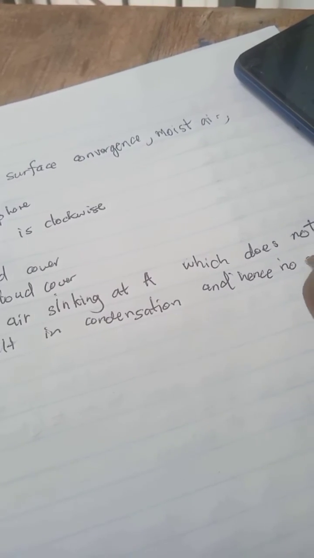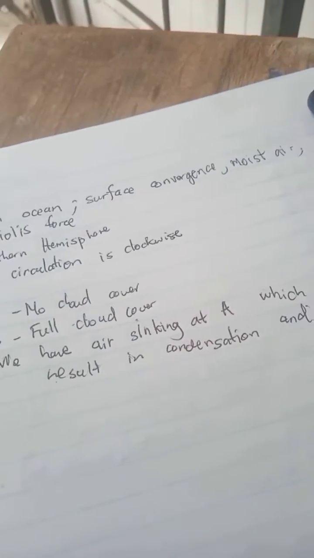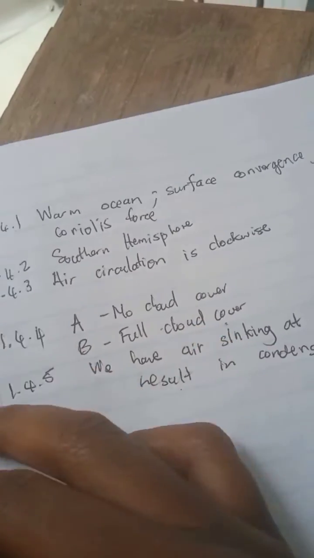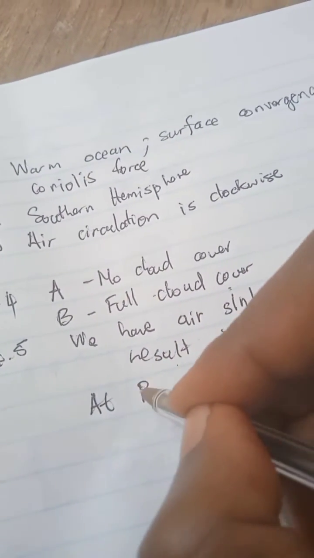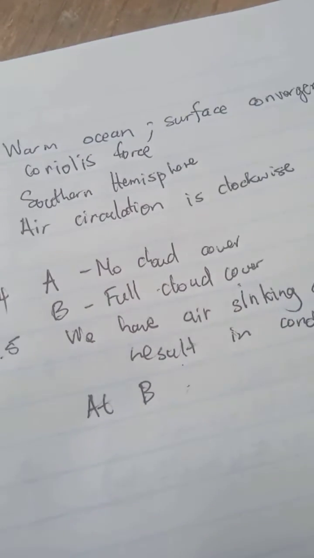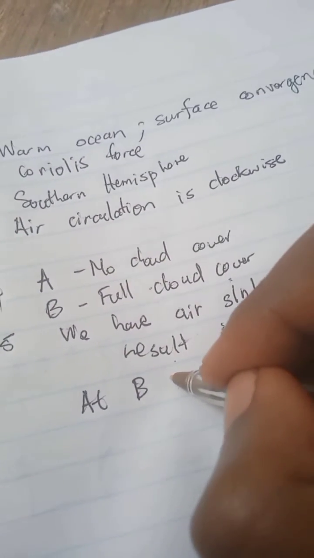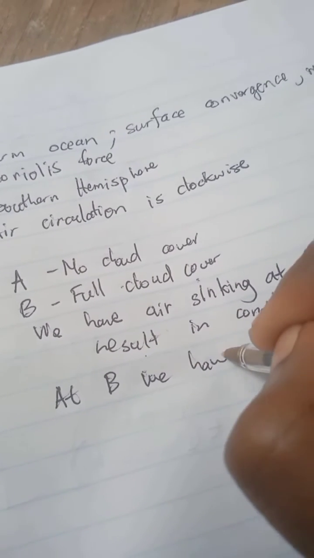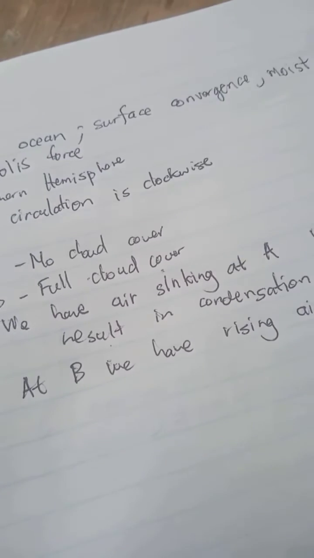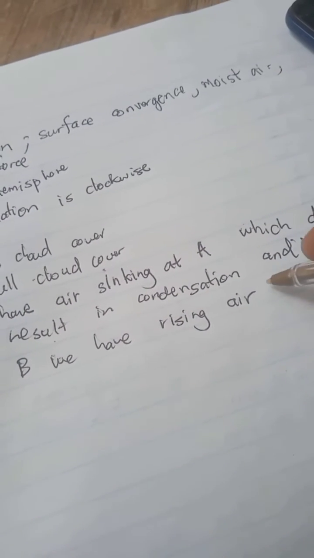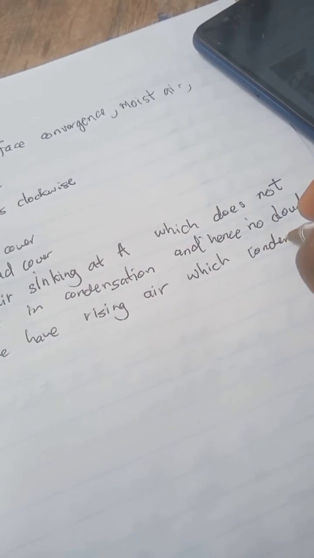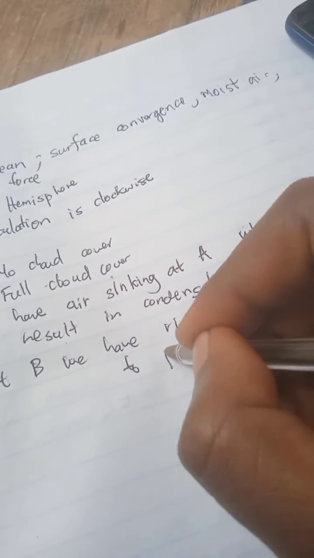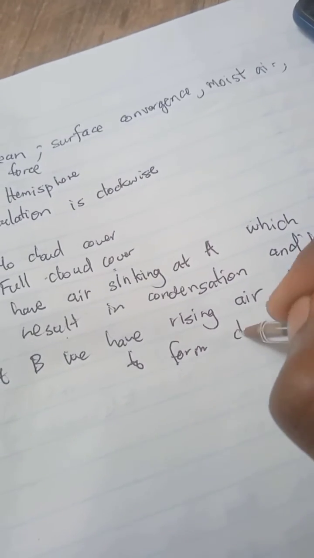And then at B, we have rising air, because of course we have a low pressure there. That is your eye wall. Rising air which condenses to form clouds.